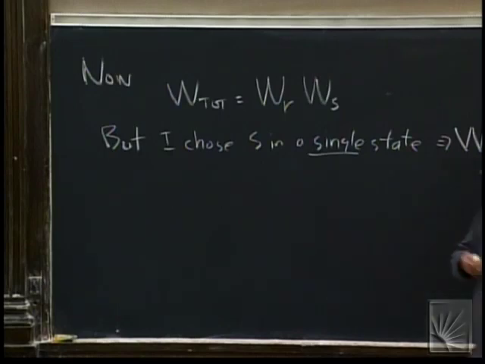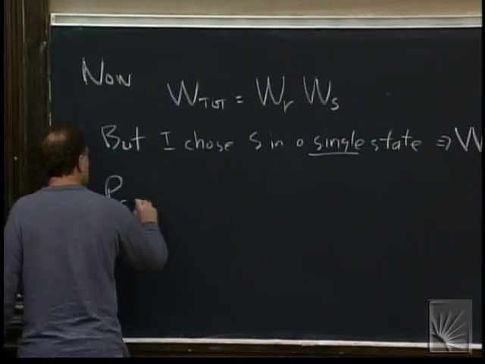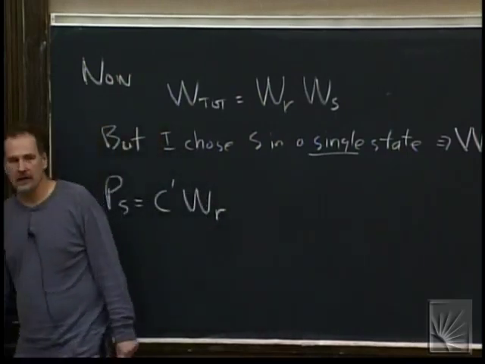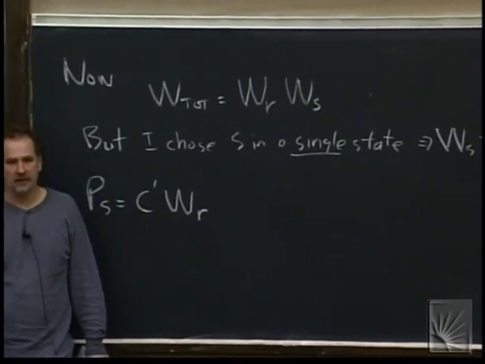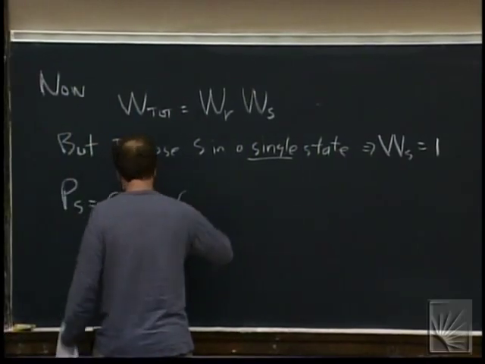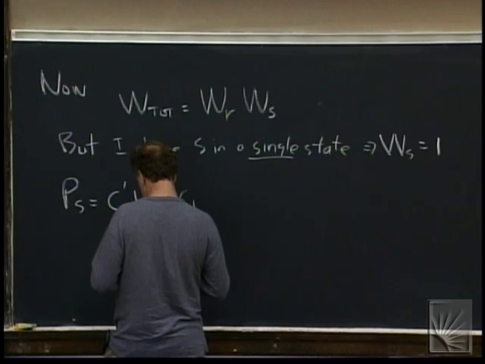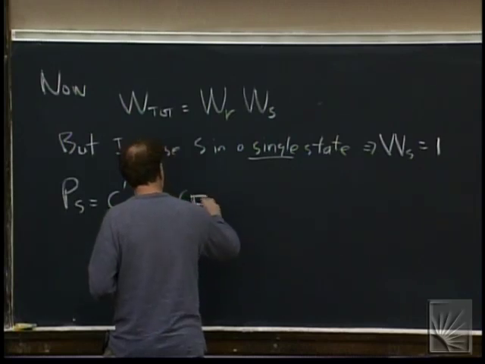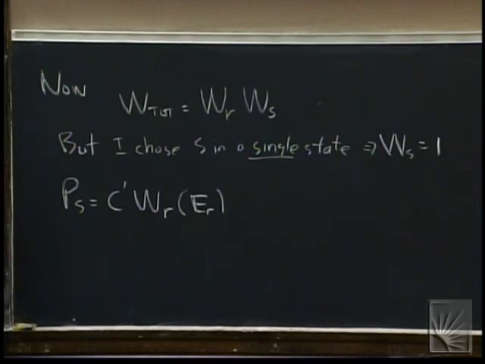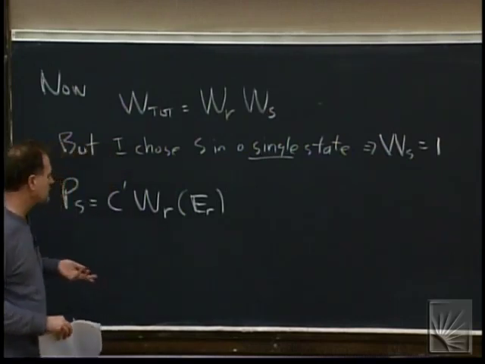So I've put the microstate in one system, and therefore PS is C prime times WR. That's all it is. Because the microstate's in one state. There's only one thing to count there. I'll continue to write that, well, it depends on the energy in R, which is related to the energy of S in a simple way.